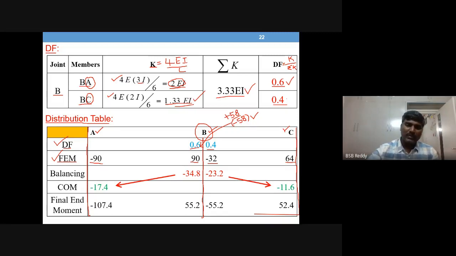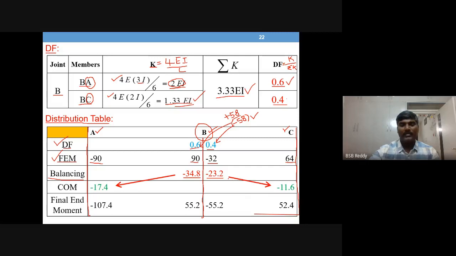So minus 58 into 0.6 will be minus 34.8. Again, minus 58 into 0.4, the share of BC, will be minus 23.2. You have to write it in the next row. What do we call that?